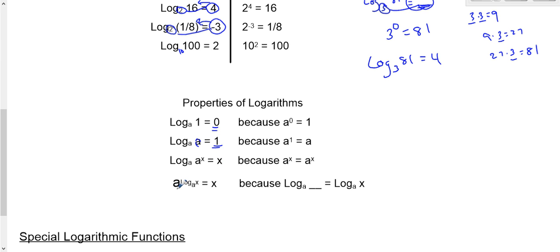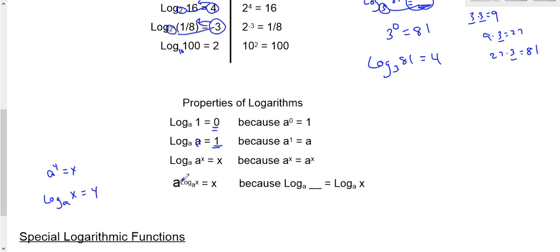Now let's look at this last one. A to the exponent of log base a of x. Well, if I convert this into a logarithmic function, a to the y equals x is log base a of x equals y.